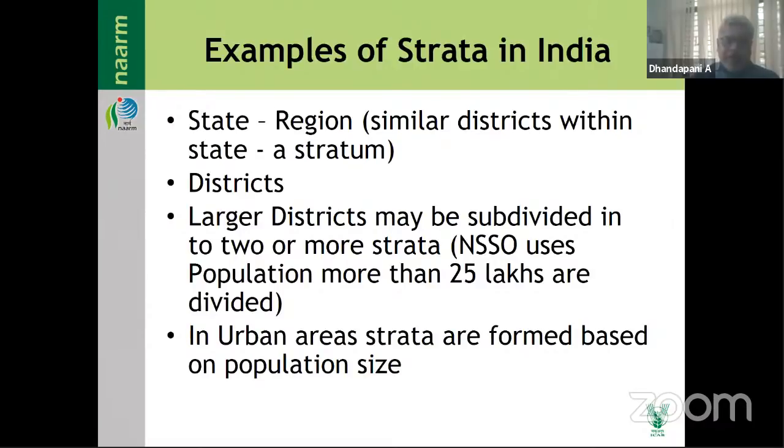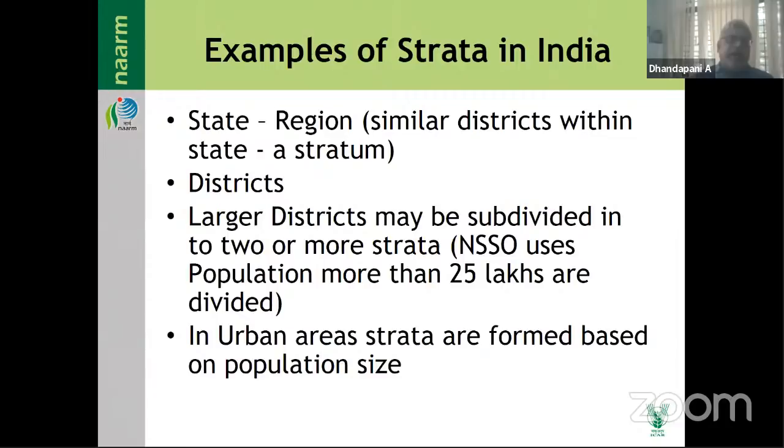At the same time, you are able to increase your precision. Now, what could form strata? For example, in our country, large scale surveys are conducted by statistical agencies, and if it is a countrywide survey, the agencies use the state. What they do is divide the state into certain regions. You can consider the state also as a stratum, but within the state there could again be huge differences. So you can consider state regions.